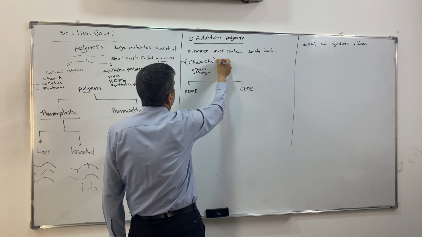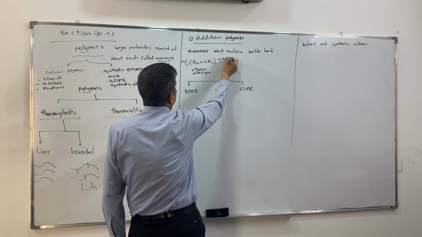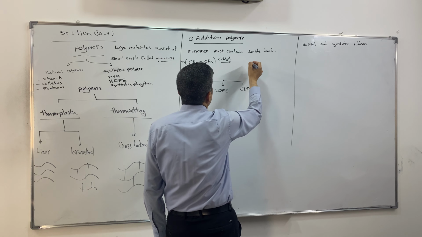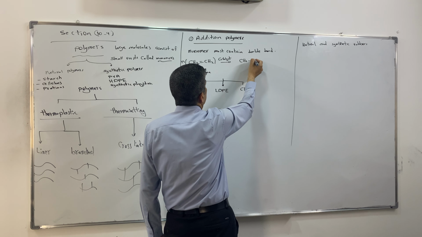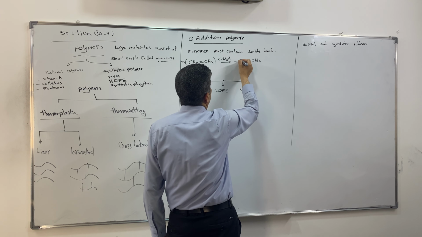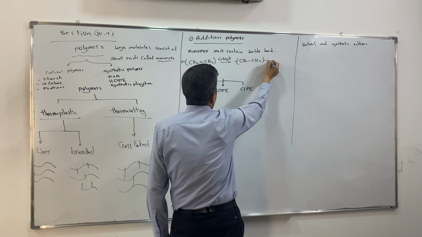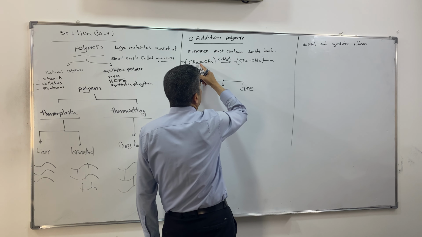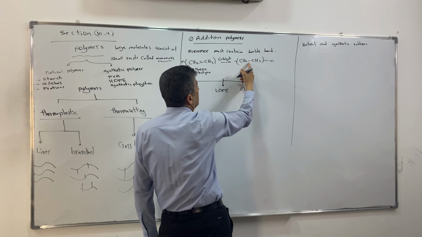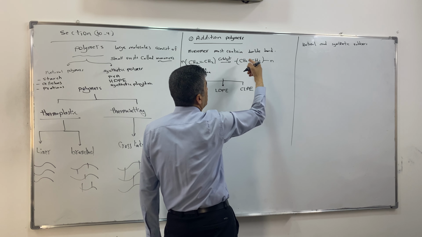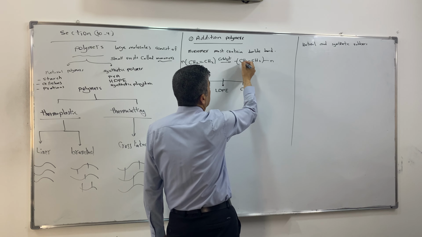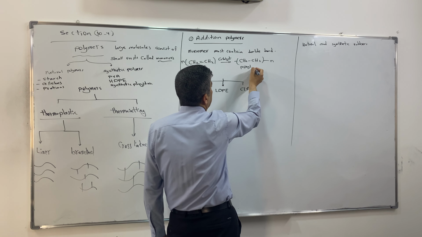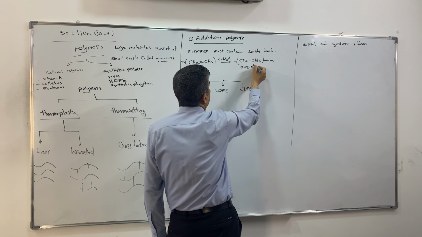We have a catalyst here, producing this polymer. The n is an unknown number, and you see that the double bond doesn't remain here because we have an addition reaction. This molecule is called polyethylene, or polyethene.